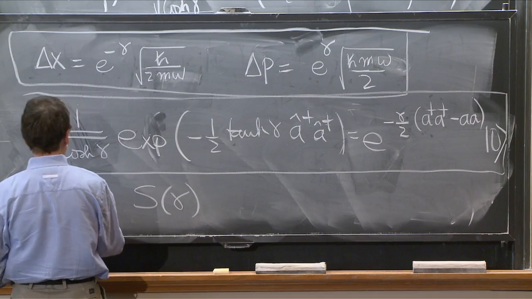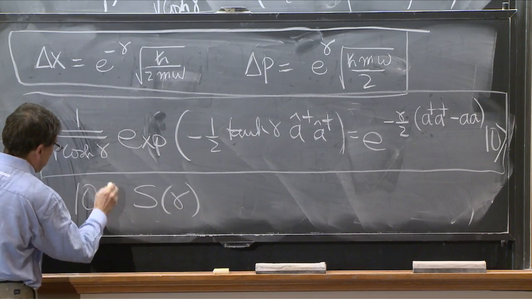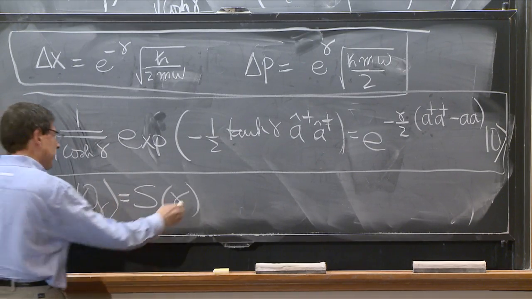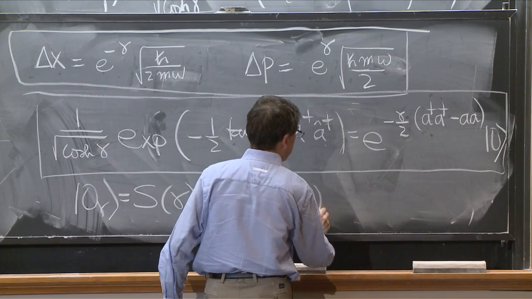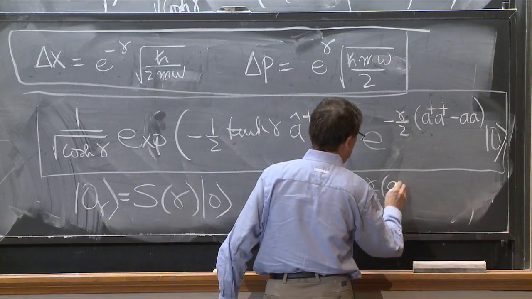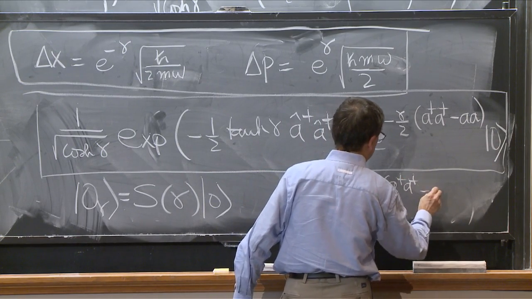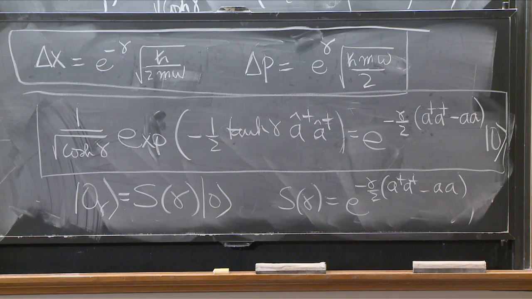The squeezed state, the 0 gamma, is equal to S of gamma on the vacuum, where S of gamma is equal to e to the minus gamma over 2, a dagger minus a, that operator. It's a unitary operator, and it does the squeezing.